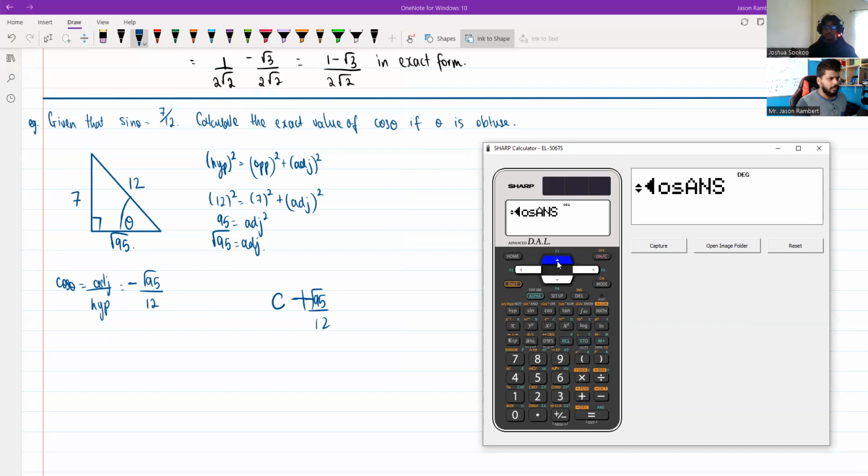Because if I go back up, the cosine of the answer was cosine of B, and this root 95 on 12, I'll store this in C. Root 95 divided by 12 is the same thing.